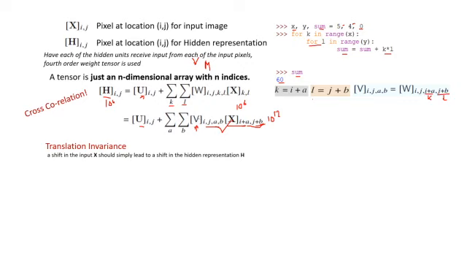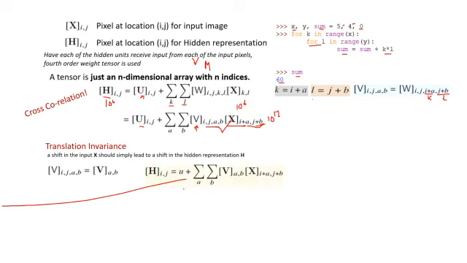Now what we do is we change this four-dimensional weight tensor to a two-dimensional weight. So now this becomes this, and your equation now looks like this. U in this case, since it is not location dependent anymore, is a scalar quantity now.